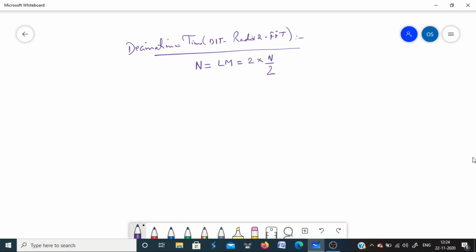It means you store this data in a matrix with 2 rows and N by 2 columns, like this. So this is a matrix of 2 cross N by 2 order.